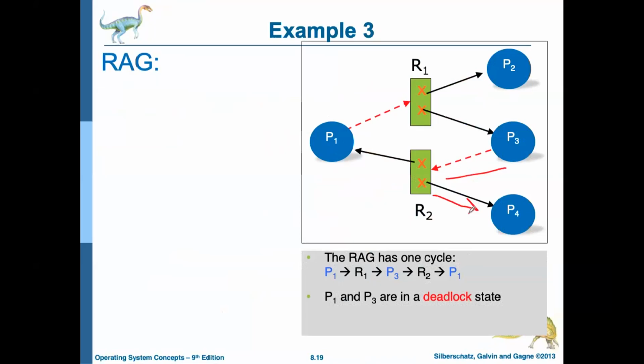Okay, R2 is released to P4, given to P4. And then P2, finally P1 and P3 are in a deadlock state.